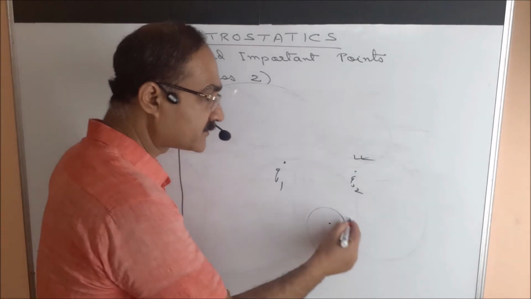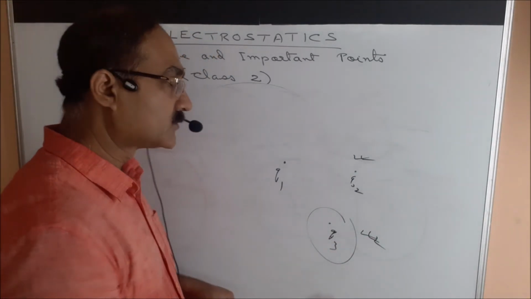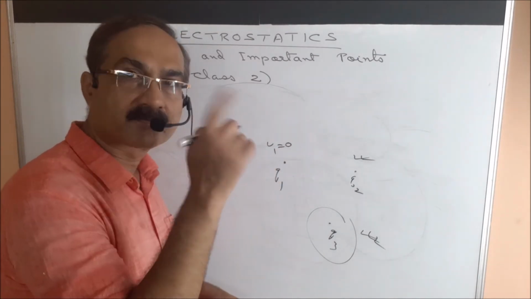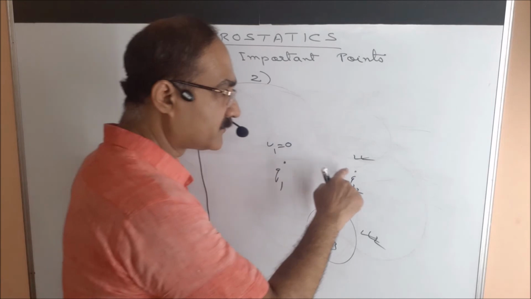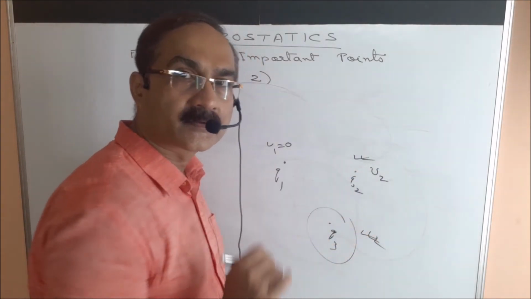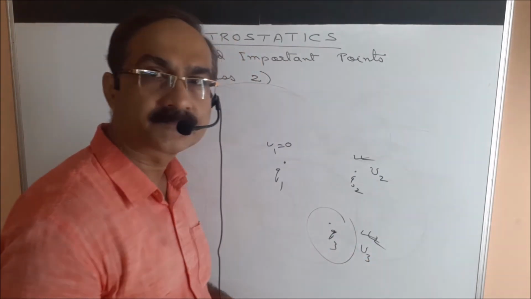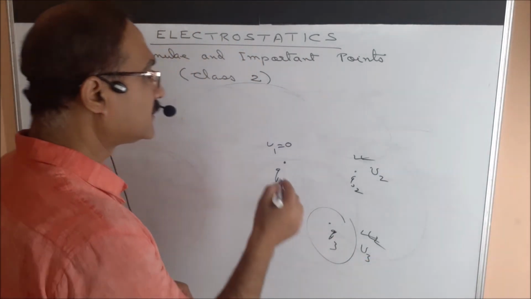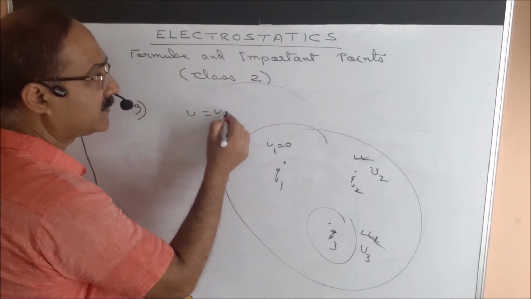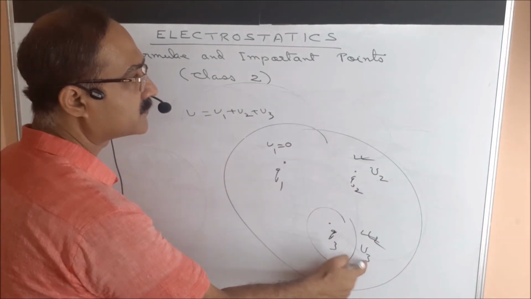So this will also have some potential energy. The potential energy of the first charge, if I call it U1, this will be 0. This was the first charge we brought. Potential energy of the second, if I call it U2. Potential energy of the third, if I call it U3. Then the total potential energy of the system U will be U1 plus U2 plus U3.